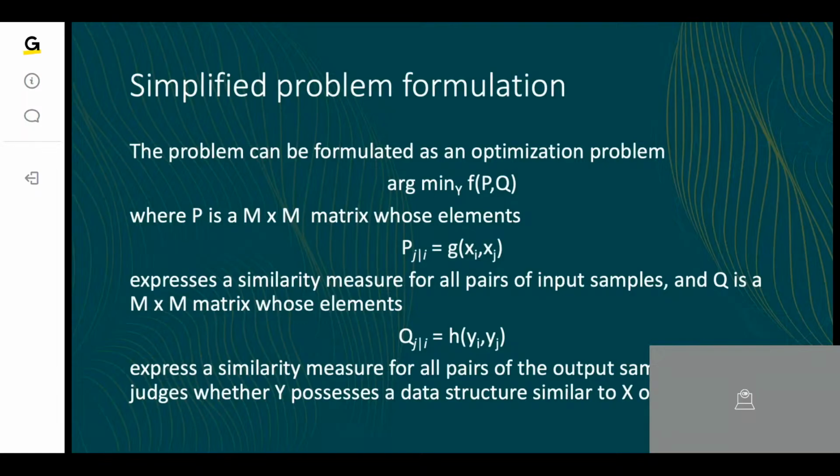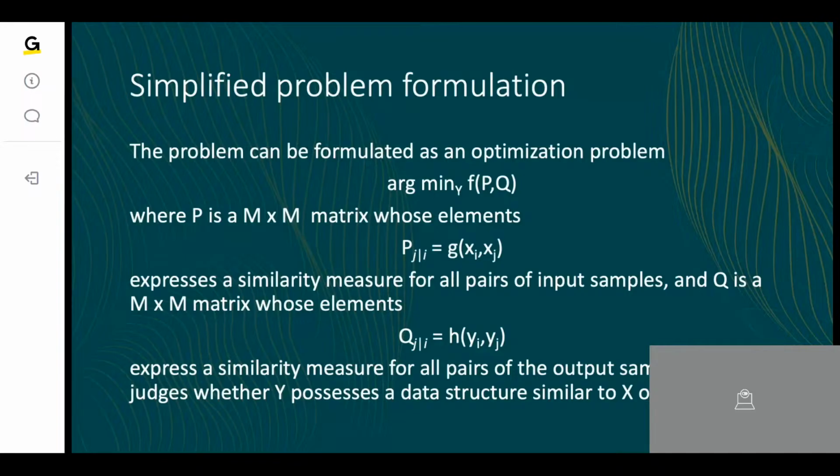Let me just repeat, just in case I didn't make the point. Once we have transformed the problem, the matrix P denotes the probability of picking the point J given I in the higher dimensional space. The matrix Q denotes the probability of picking J given I in the lower dimensional space.